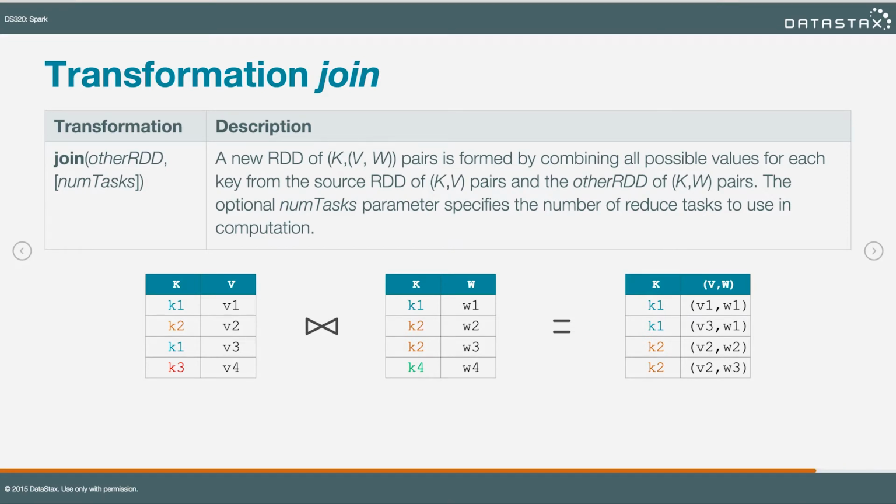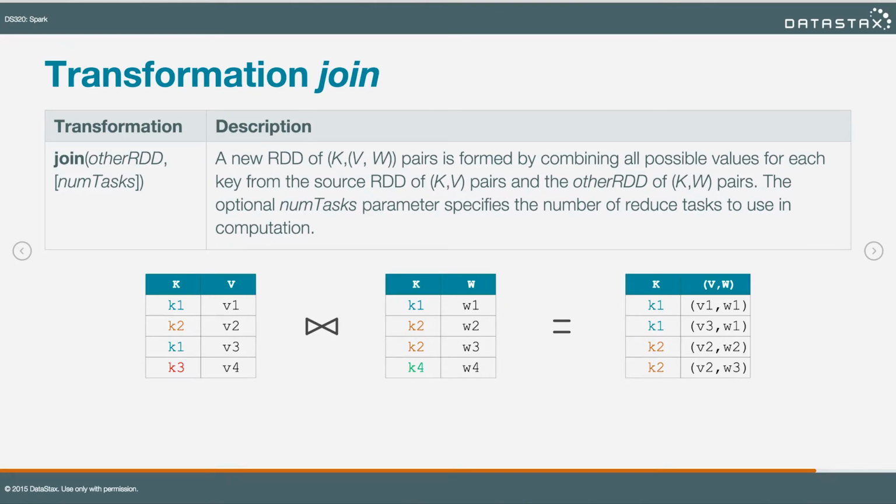On this slide, we haven't drawn the lines for you, and I'd like you to stop the video and trace out with your finger on the screen, follow this through as an exercise for yourself, and watch the joining happen here between these tables. You've got the source RDD on the left, the other RDD in the middle, and the output RDD on the right. Go ahead and pause it and see the join take place.